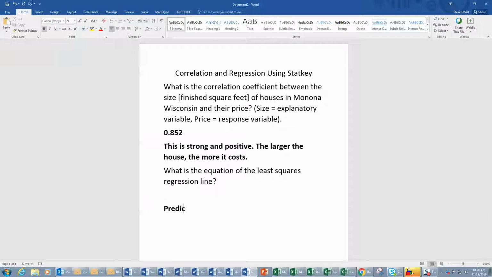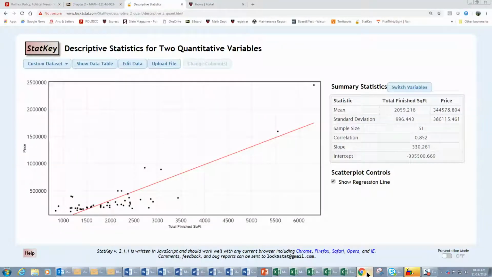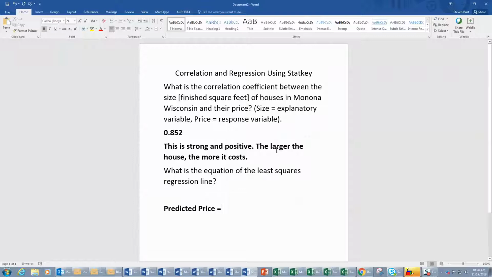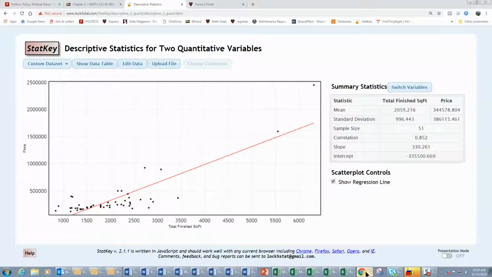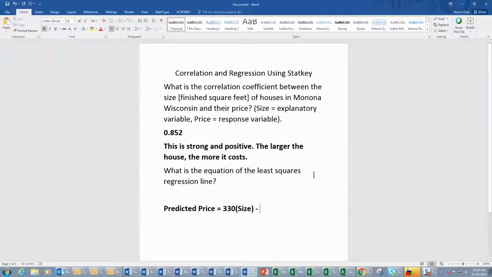So that means the equation of the line is predicted price equals 330 times size minus 335,500.